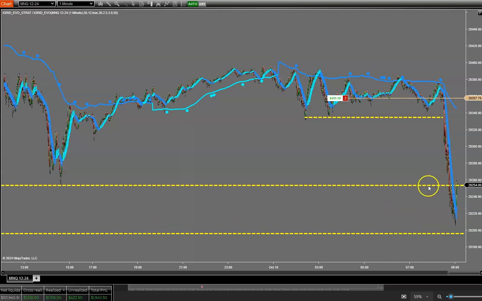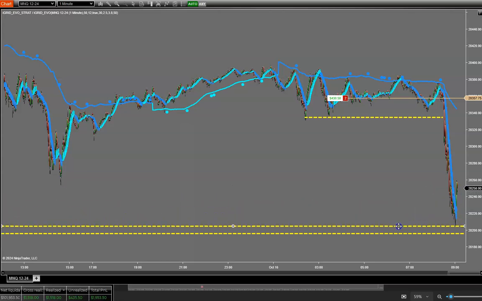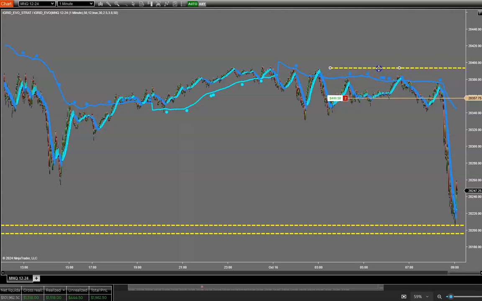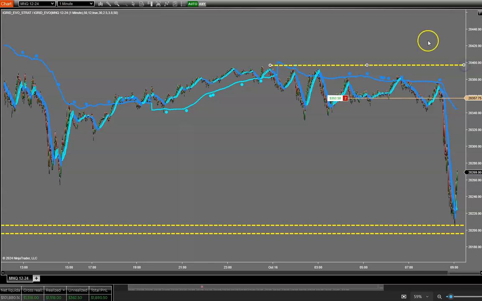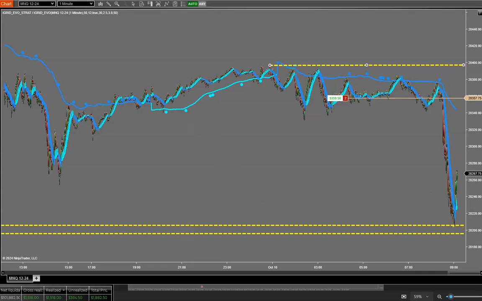Had plenty of opportunities to blip it out, but that was a pretty strong move to the downside. So we'll stay in this and see if we get some lift, come back into the prior range, rotate lower, and then see if we can come down and break these levels.